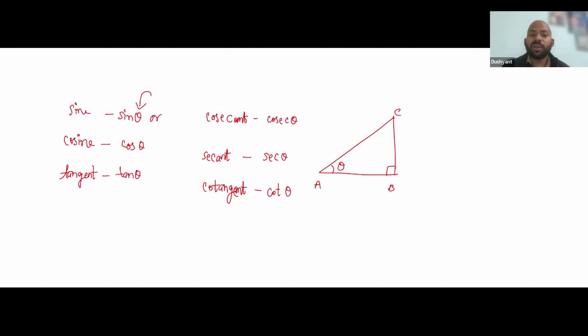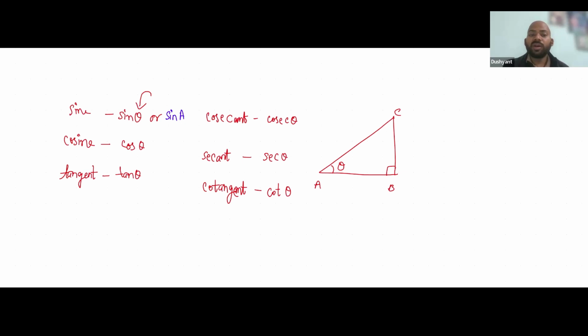For example, sine of A. If I'm taking angle A, we can write sine A instead of theta. This is a Greek word actually, theta, which we usually use for representing angles. But we are not restricted to this one.